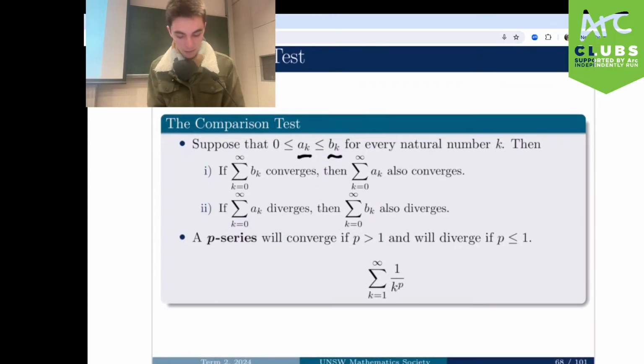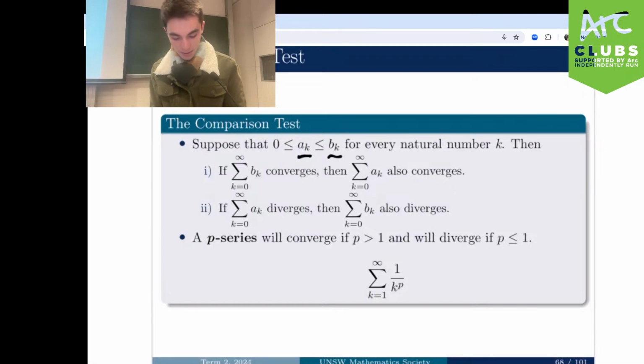Another test that we can apply is the p-series test. This applies to series of this form, where we've got 1 over k to some power p, and the p-series test tells us that if p is larger than 1, then it will converge, and if p is less than or equal to 1, then it'll diverge.